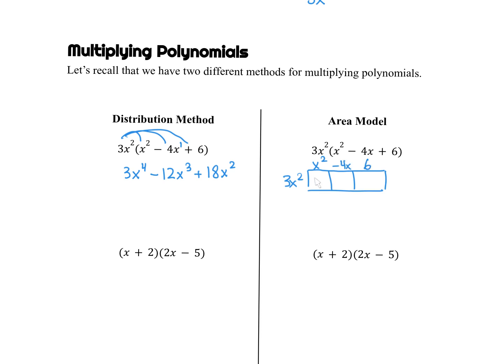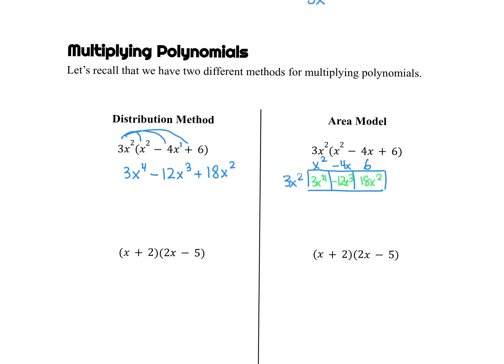And then remember to fill in each of these boxes. We multiply what's above it by what's to the left of it. So inside here, I would have, again, 3x squared times x squared is 3x to the fourth. 3x squared times negative 4x is going to be negative 12x to the third. And 3x squared times 6 is going to be 18x squared.